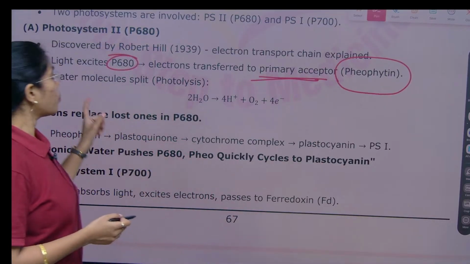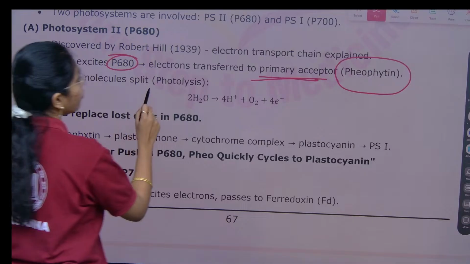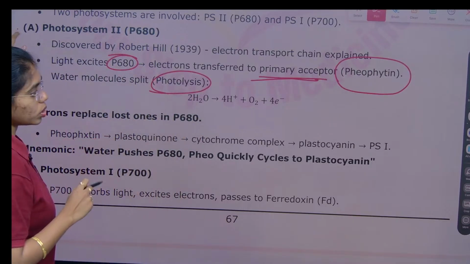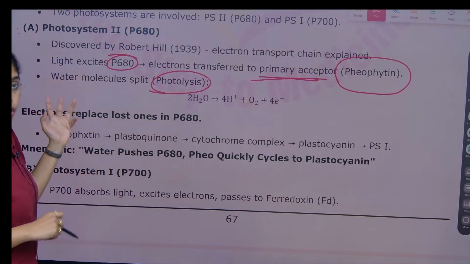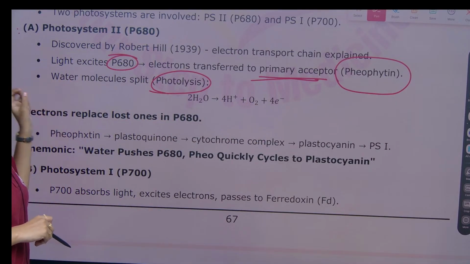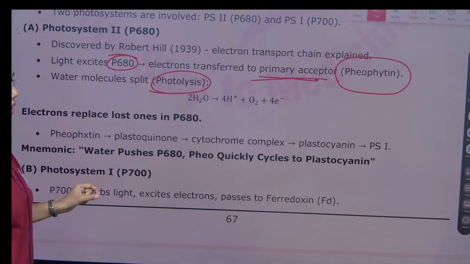So here you see water molecules will split, where photolysis will occur from photosystem 2 only, and here you also mention the location. It is not mentioned in the PDF, but please mention the location in your exam as well.